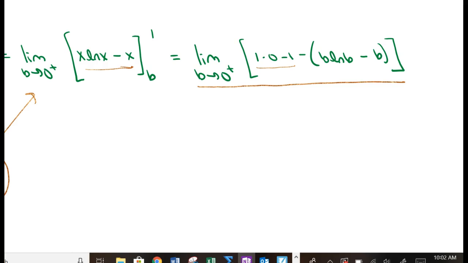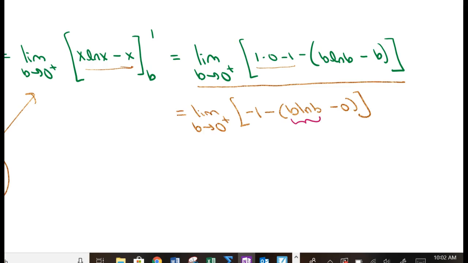Okay, let's pick it up from here together. This is going to equal the limit as b approaches 0 from the right of, this becomes -1 minus, this is still b times ln b minus 0. Okay? The focus now turns to this entity right here.